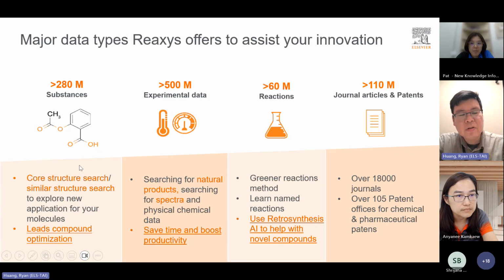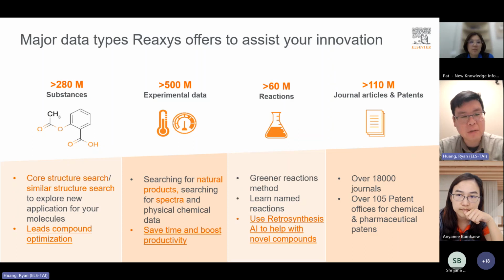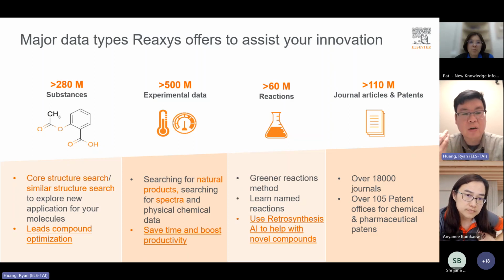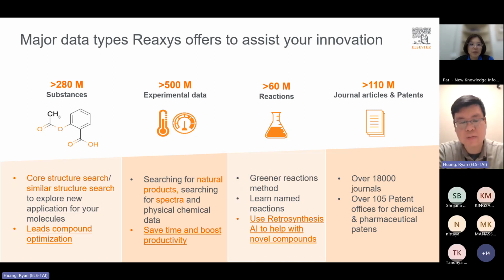Structure search is especially important for organic chemists because sometimes when you search for structures, it's not just the exact structure you are looking for. Maybe you will be searching for similar structures. You will do a core structure search. And this is especially important if you are working on drug molecules, especially in the pharmaceutical industry.